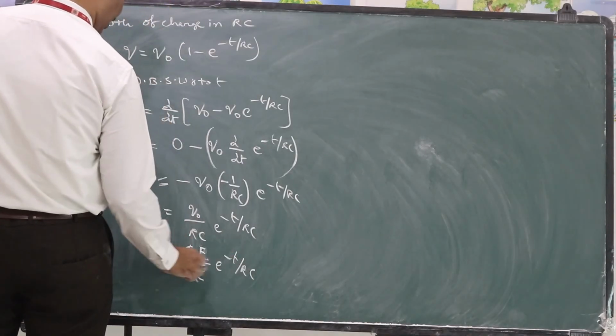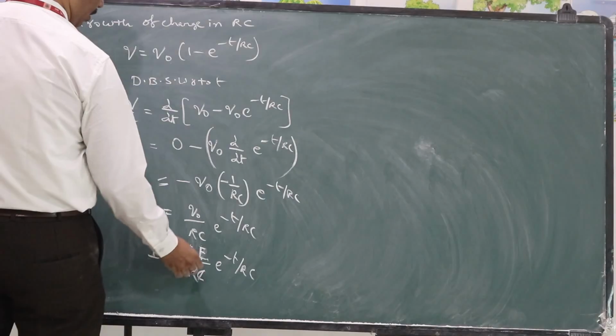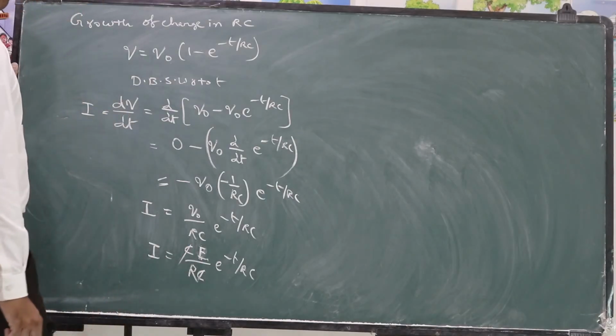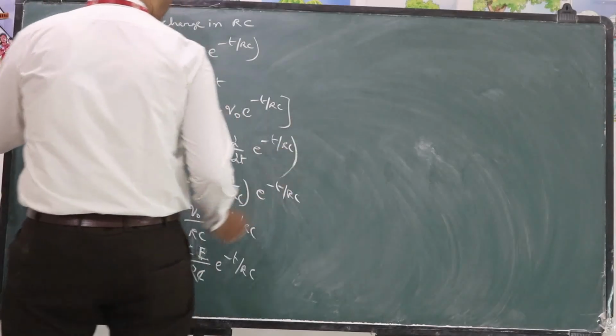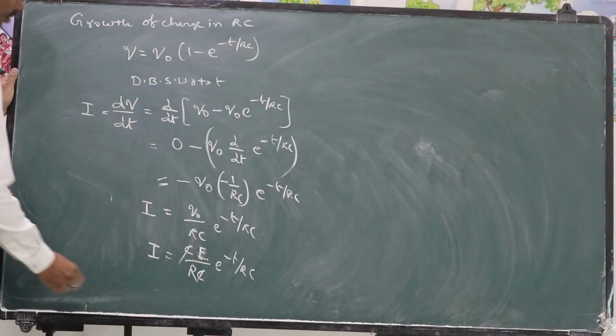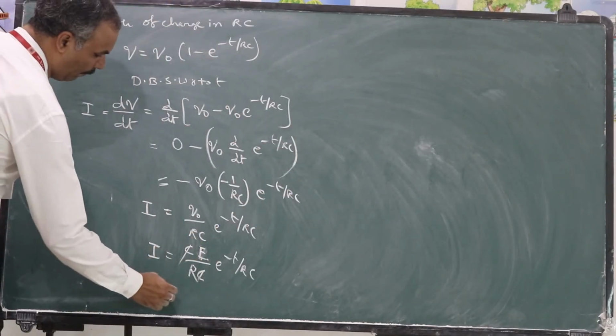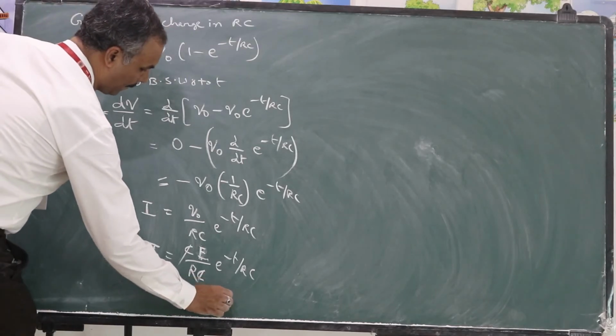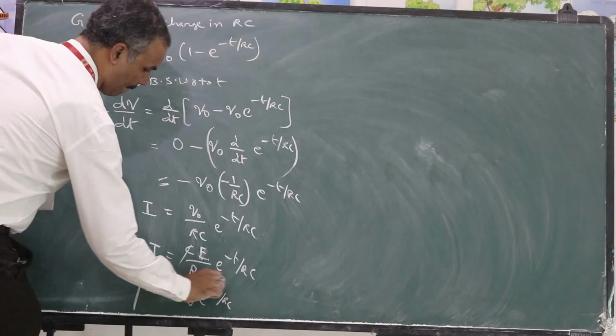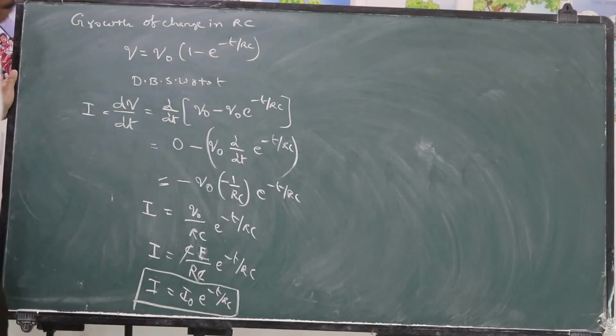So C gets cancelled. EMF by resistance is the maximum current that can go through the capacitor. So you can write it as I is equal to I naught into e power minus t by RC.